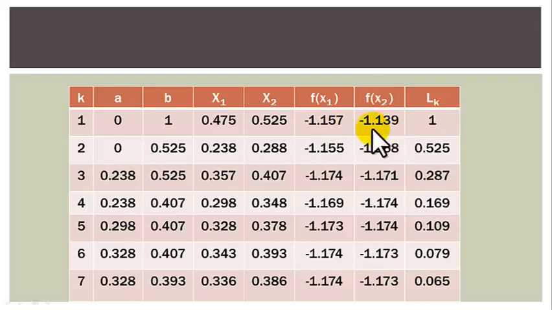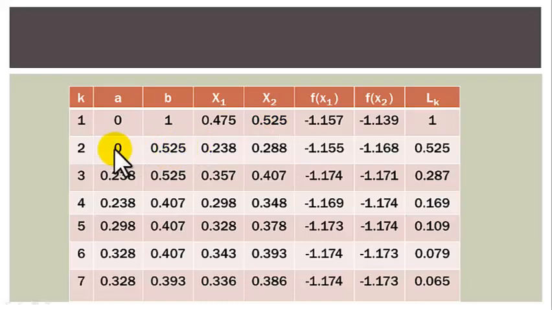As you can see, this is less than this, and the length of that interval is 1. That is 1 minus 0 is 1. Since this is less than this, that means our next interval of uncertainty will be from a to x2. Remember, our a here was 0, so we take 0, then the b will now be x2, which is 0.525.